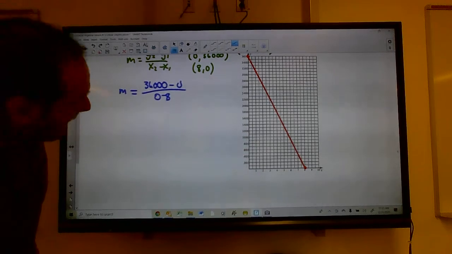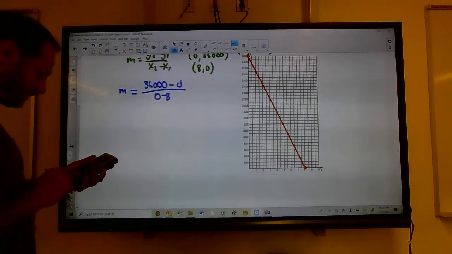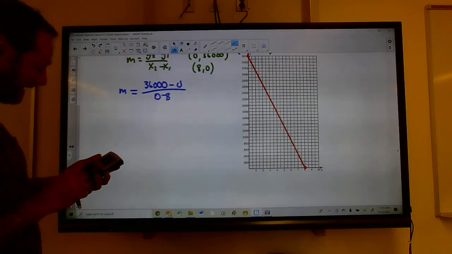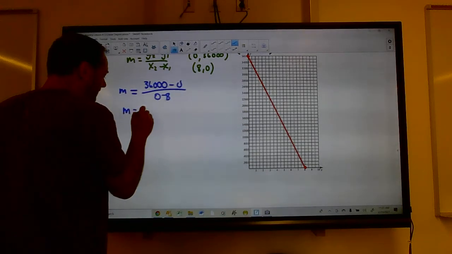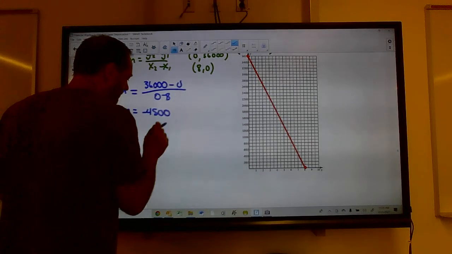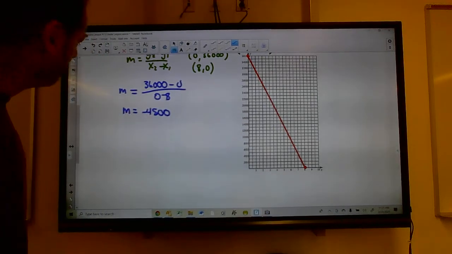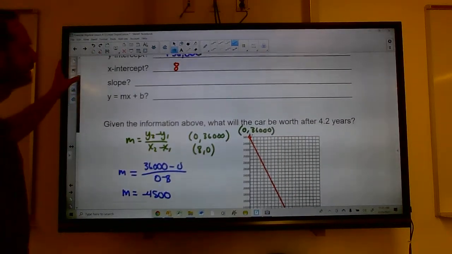Okay, so I'm going to calculate that: 36,000 divided by negative 8. So m is going to be negative 4,500. So it's going to lose $4,500 in value every year.